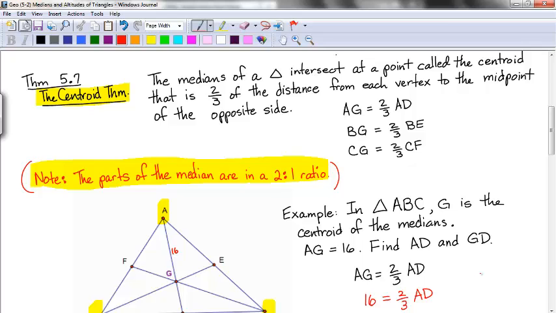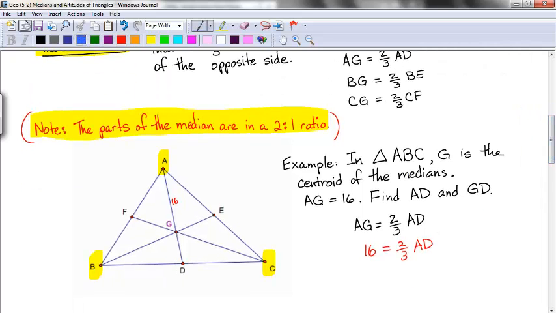How do I get rid of that fraction? What can I multiply by? I could divide by 2/3 or multiply by the reciprocal. Multiply by the reciprocal on both sides, right? Multiply by 3/2. These would reduce. Those would all divide out.